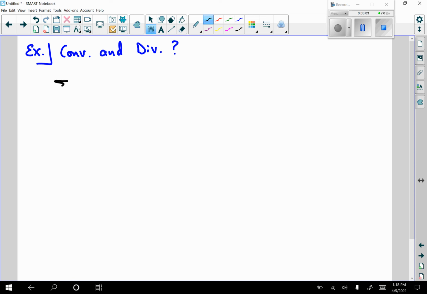Let's take a look at the series written right here. The summation from n equals 1 to infinity of 1 over n squared. Again, with all of these problems in this section and the next section, we need to provide the test we're using and explain our reasoning at the very end.